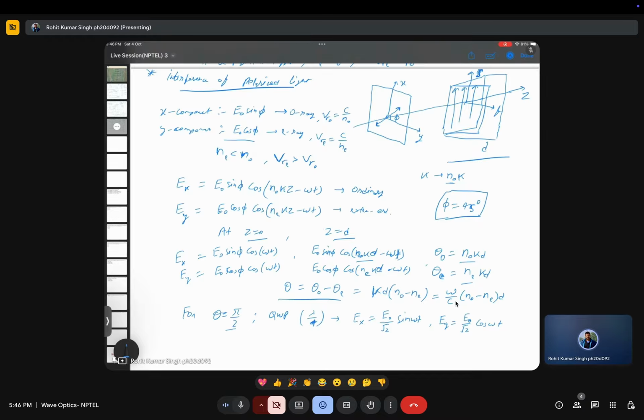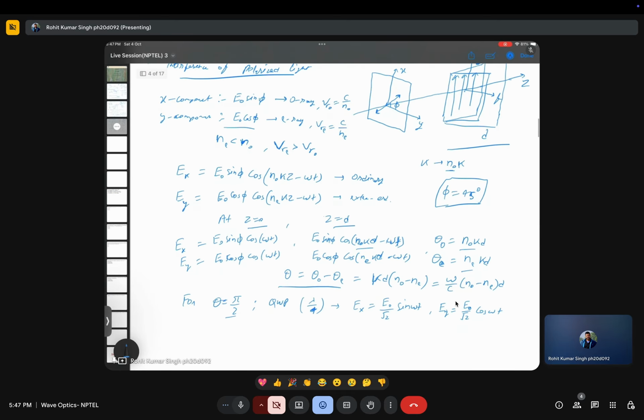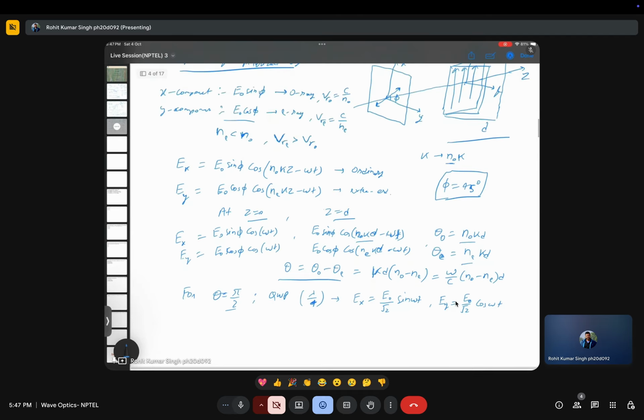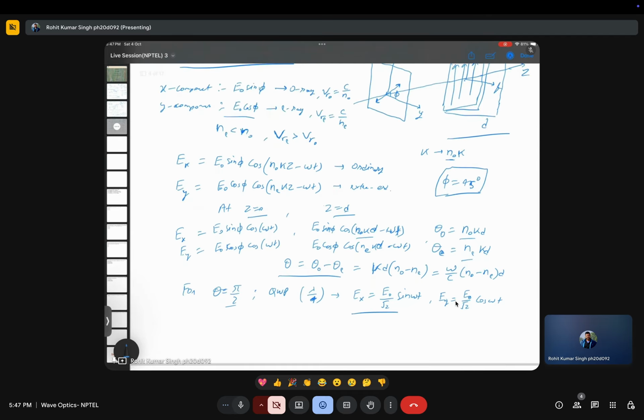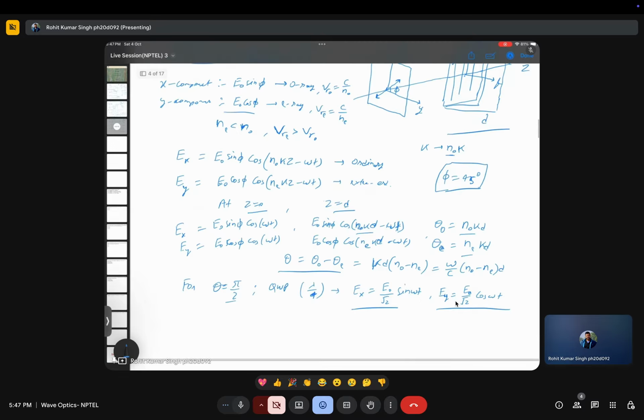Taking the relative difference. Is it fine? Now, if these two are superimposed, what do you get? Remember from last lecture, you get circularly polarized light.